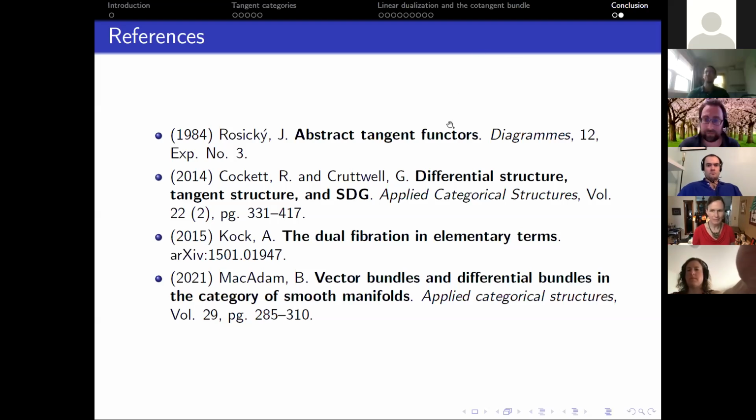I can ask a silly question kind of to break the ice. So you had a slide on the differential bundle in a tangent category, right? Where you presented this definition.